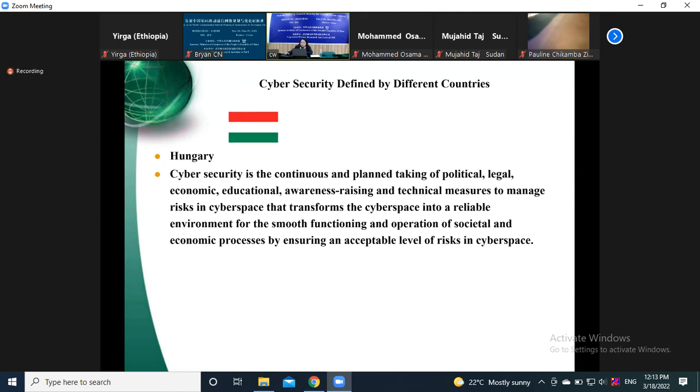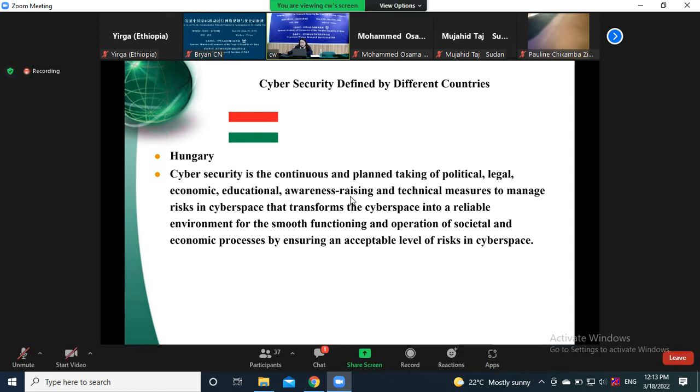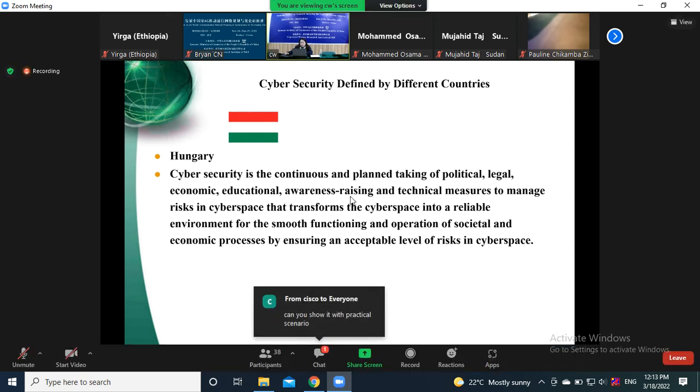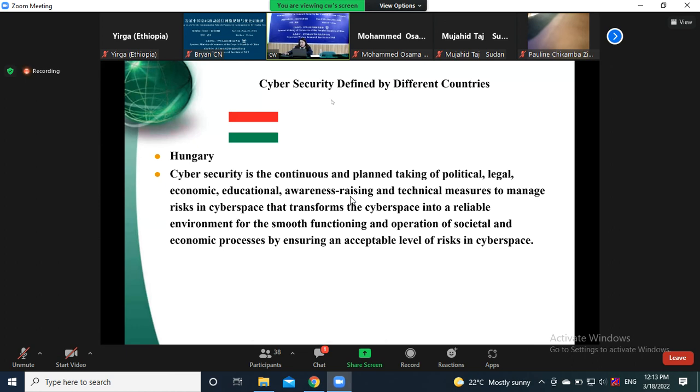And in Japan, cybersecurity is the continuous planning and taking of political, legal, economic, educational, awareness-raising and technical methods to manage risk in cyberspace, which transforms cyberspace into a reliable environment for smooth functioning and operation of social and economic processes by ensuring an acceptable level of risk in cyberspace.